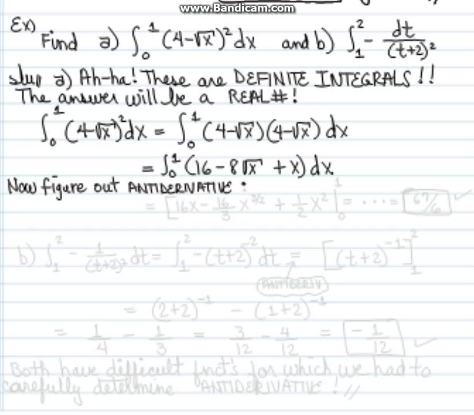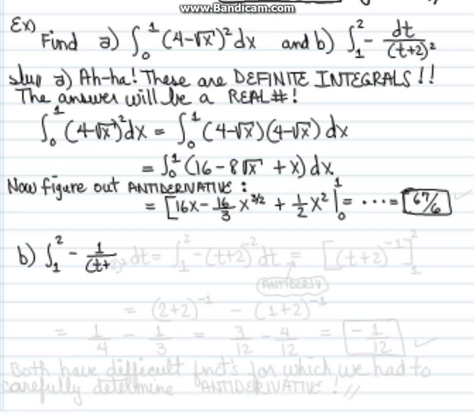So the antiderivative of 16 is going to be 16x. The antiderivative of 8 times x to the 1/2 is x to the 3/2 times 8 in the front times the reciprocal of 3/2, 2/3, and that makes 16/3. And then finally, the antiderivative of x is 1/2 x squared.